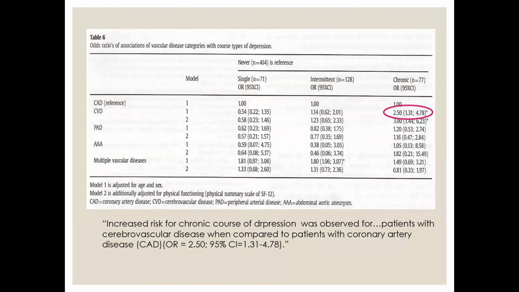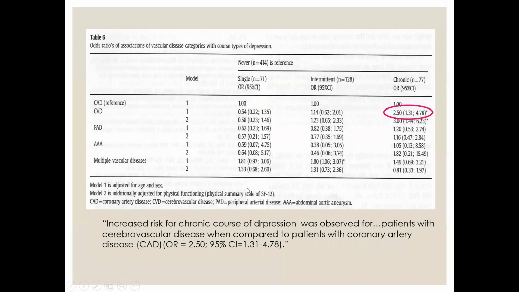This is a way to interpret an odds ratio for these groups. Increased risk for, oh, I'm sorry, that should be depression. Increased risk for chronic course of depression was observed for patients with cerebral vascular disease when compared to patients with coronary artery disease.